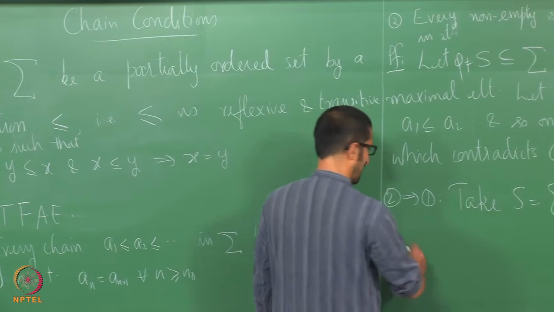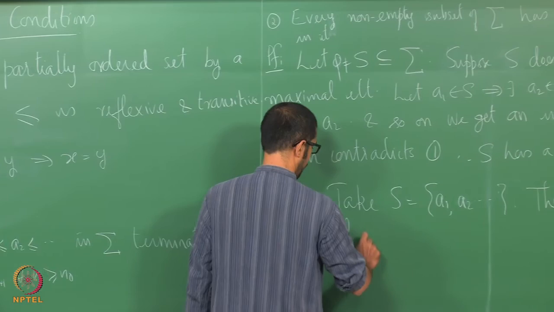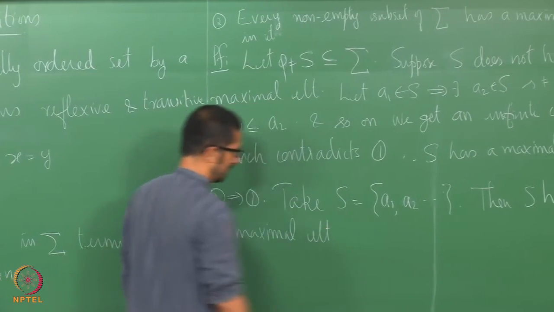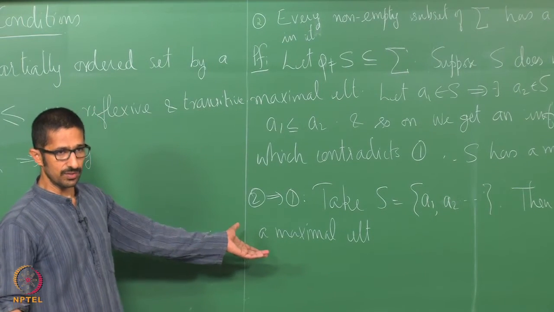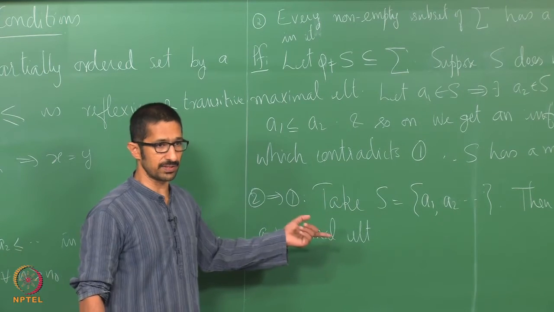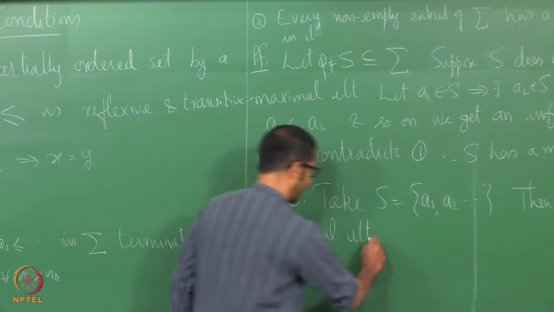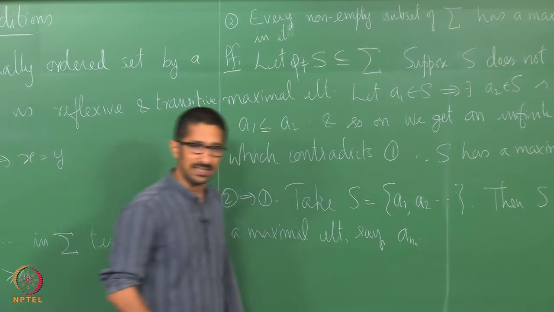So, then S has a maximal element, and call it A n, say A n naught.